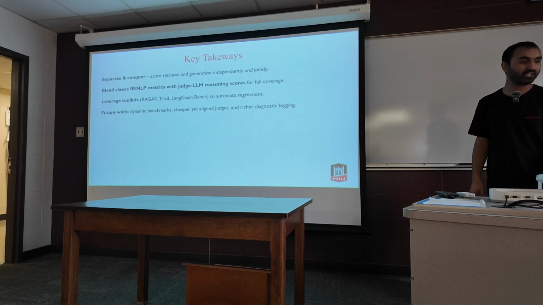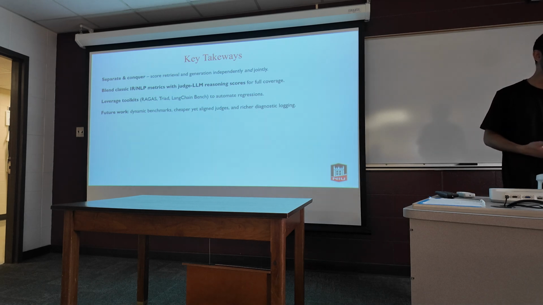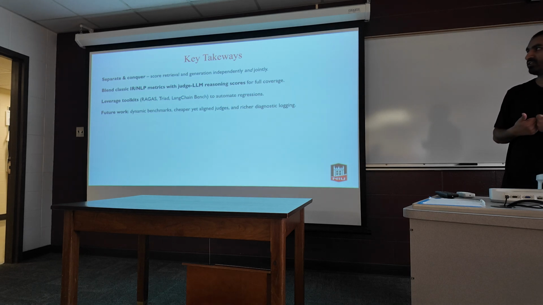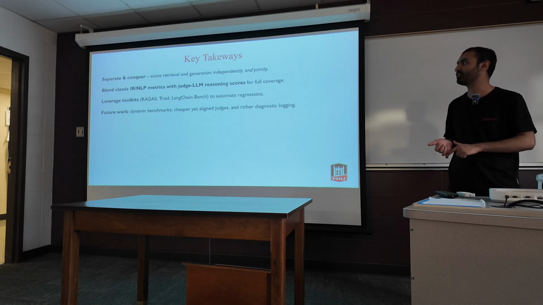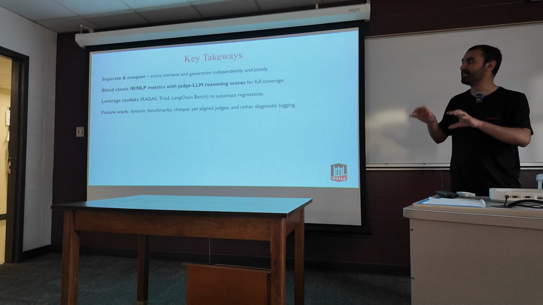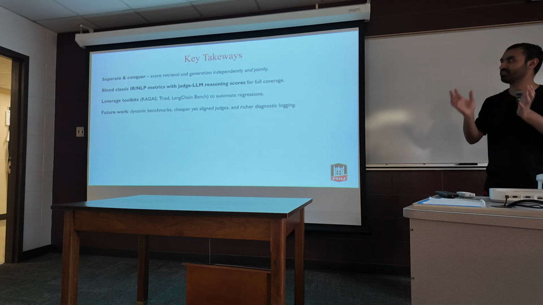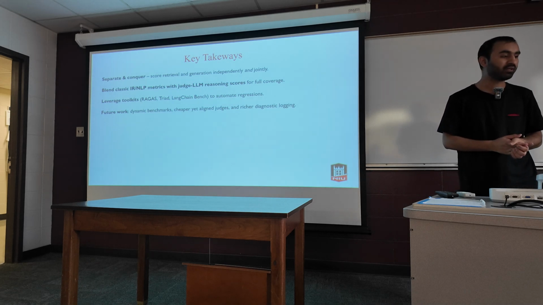So the key takeaway is to score separately and jointly: score retrieval and generation independently and jointly. There are three components: retriever, generator, and augmentation. We can measure each component and then average them to evaluate the whole RAG system.